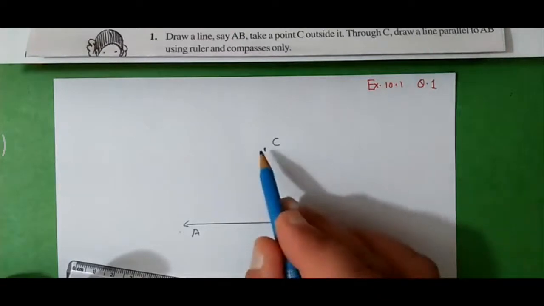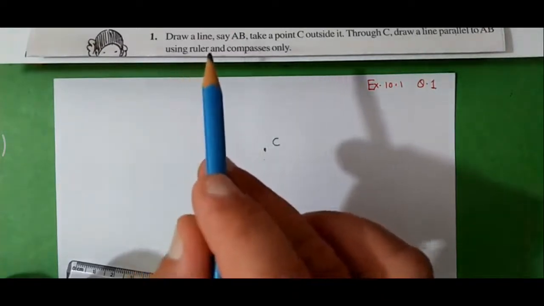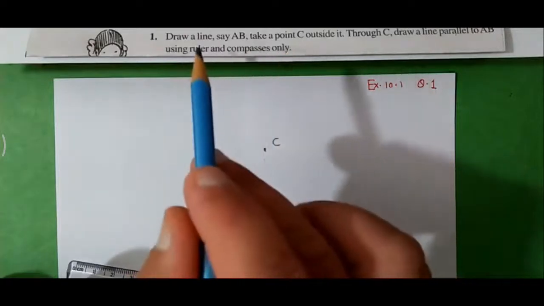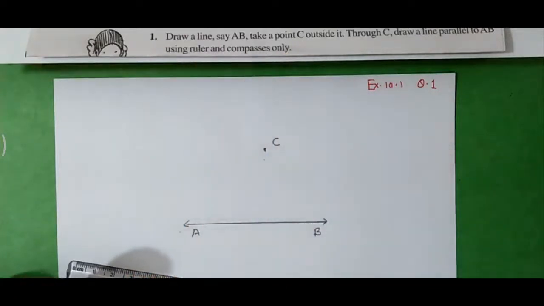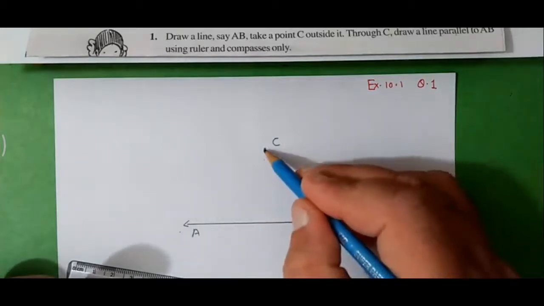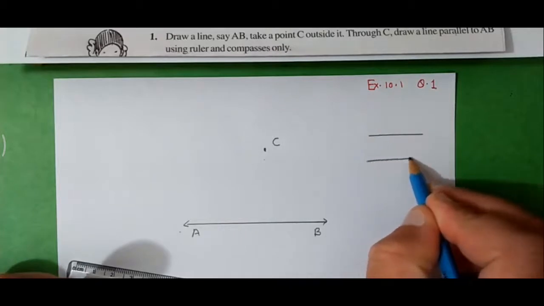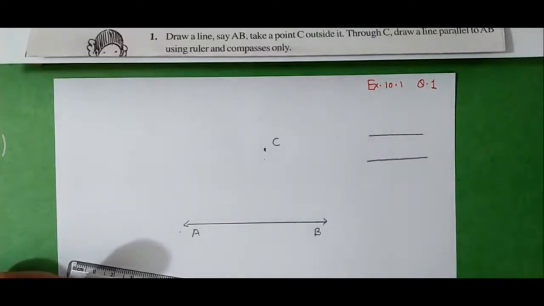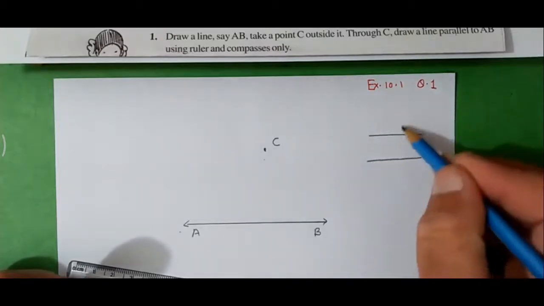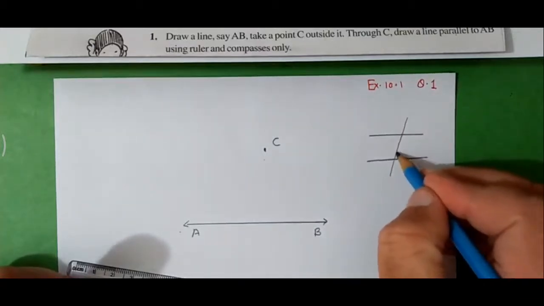Now we are required to draw a line parallel to AB through the point C. Now अब हमें यहाँ पे एक लाइन बनानी है जो कि C से होते हुए जाए और AB के पैरेलल हो. Now for drawing parallel lines, this I am solving on the rough side, don't draw this. हमें यहाँ पे alternate property follow करनी पड़ेगी.